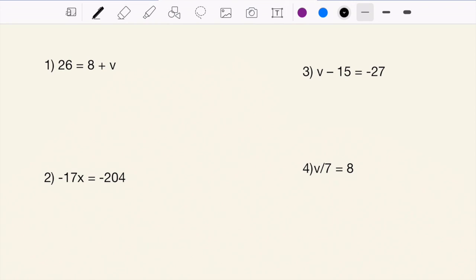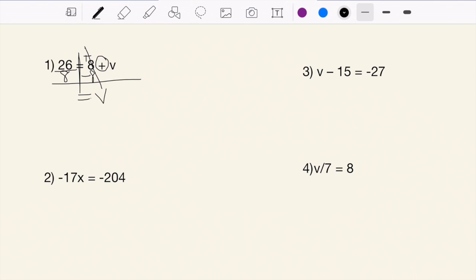So we just identified what our function is. We are using plus. So in order to get that v by itself, our 8 is positive, so we need to subtract 8 from that side. That would cancel that out and we're left with just v. So then we need to divide this side by 8.